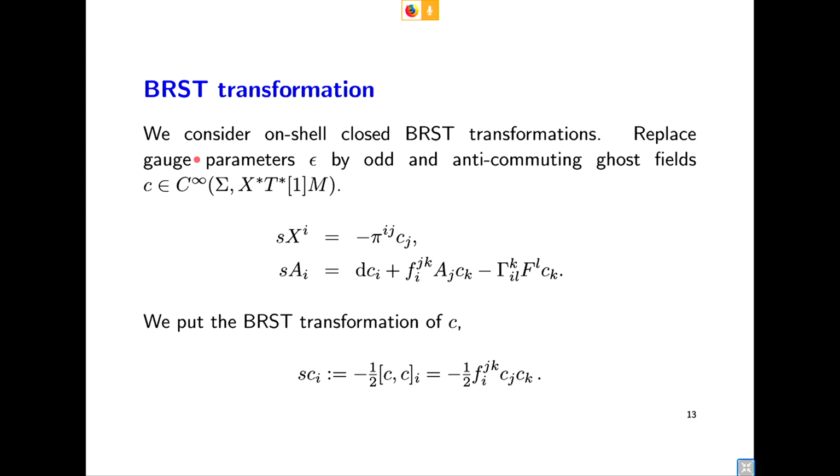This is an odd ghost field, this is even. We only shift the degree, and this gives the BRST transformation. Usually the square of the BRST transformation is 0. If we define the BRST transformation of C like this, this is the same as the normal BRST transformation of the Lie group case, but this Fijk is not constant.